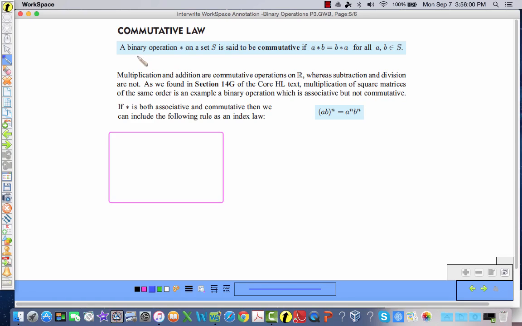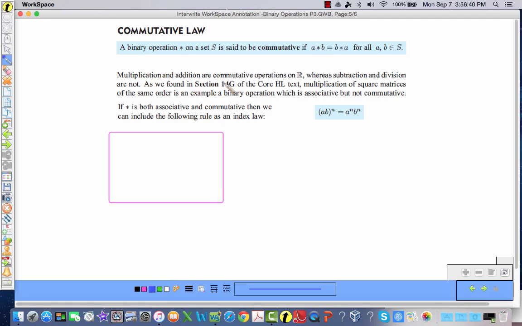We say that a binary operation star on a set S is said to be commutative if A star B equals B star A for all A and B which are elements of said set S. So all that means is whatever the operation star is, if I perform it with A as the first and then B, and then I perform it with B as the first part and then A, and they end in the same result, then we can say that that binary operation is commutative, okay?